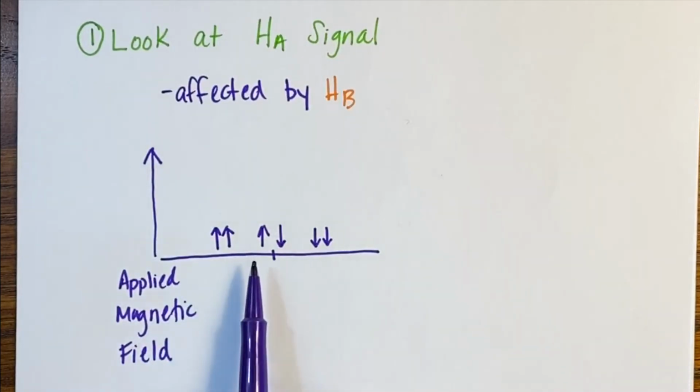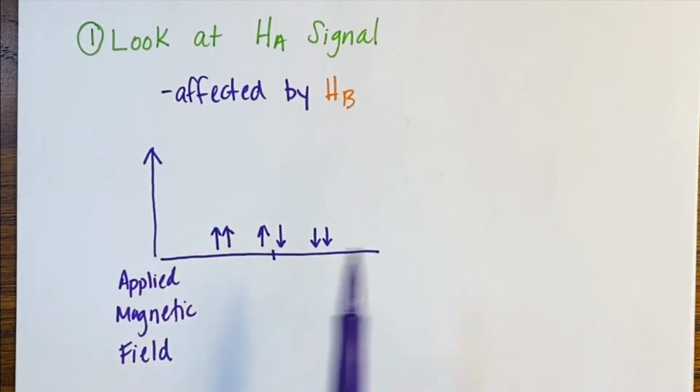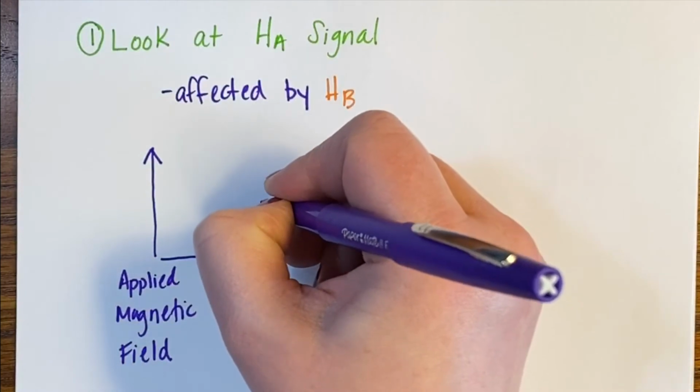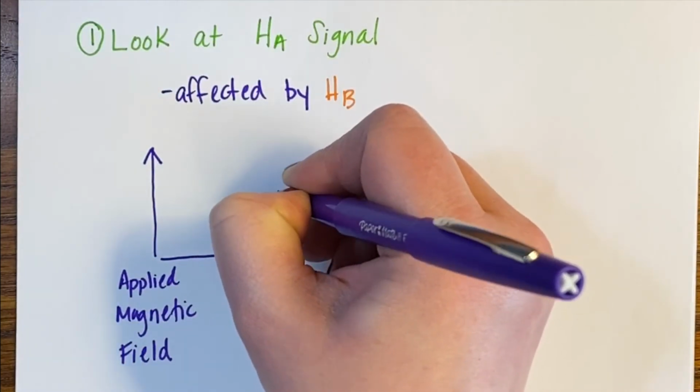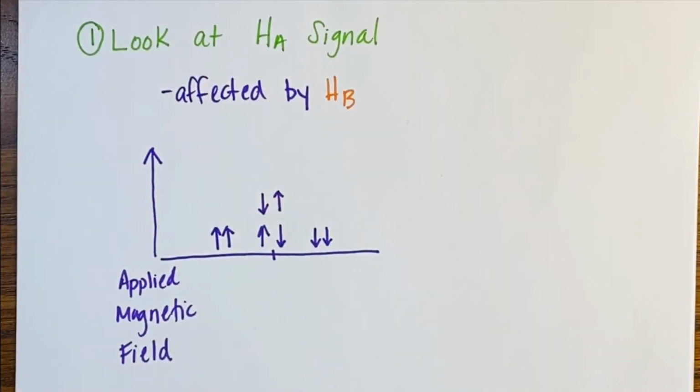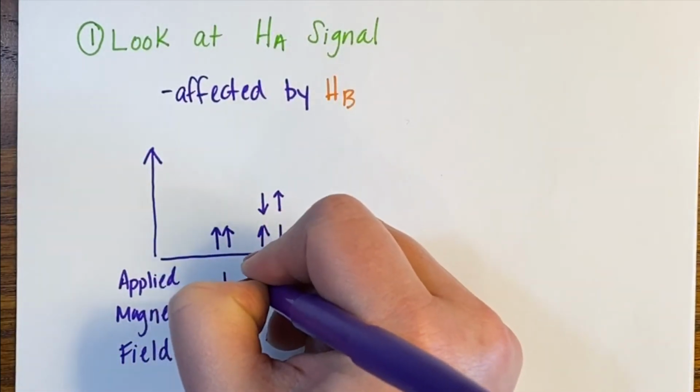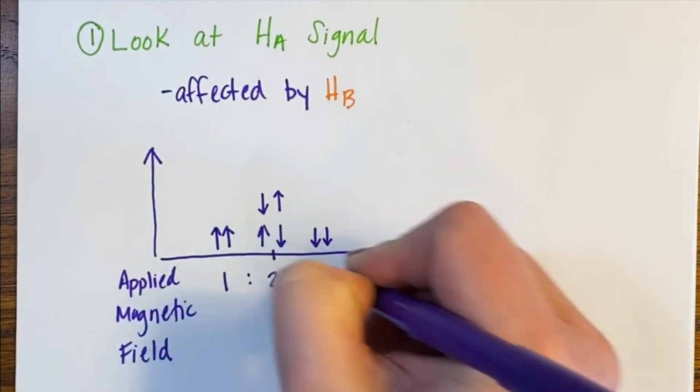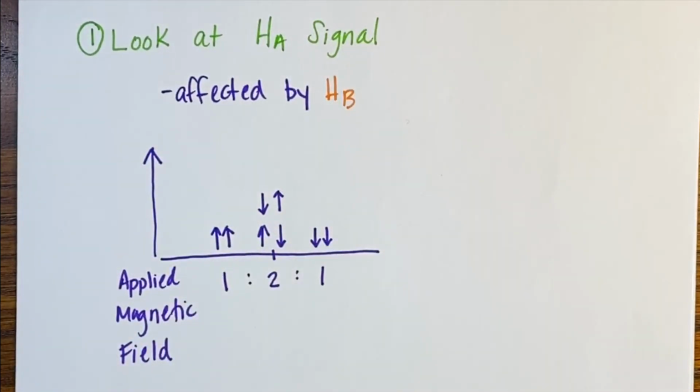So the proton on the left could be up and the proton on the right could be down. And we could also have the other combination where this one is down and this one is up. So the fact that there's two ways that we can have this effect on the magnetic field of our signal for HA is what makes the peaks in our triplet have a 1 to 2 to 1 ratio.